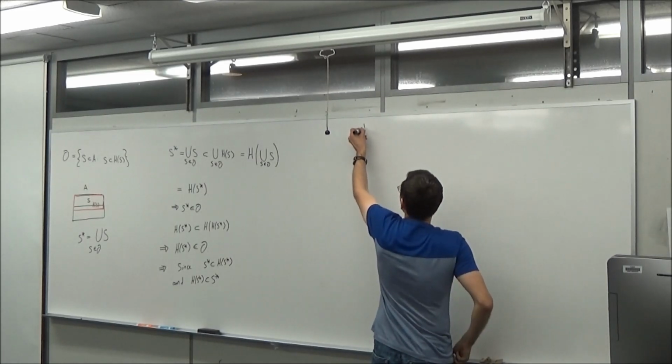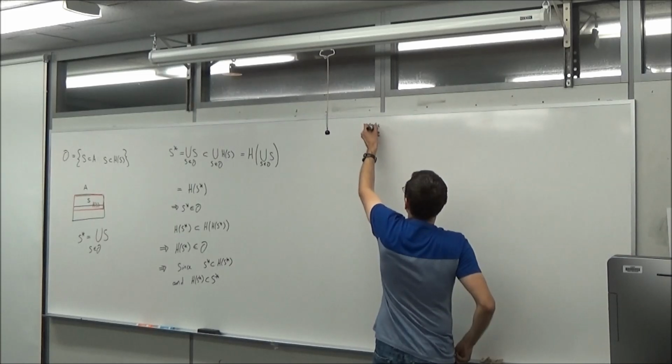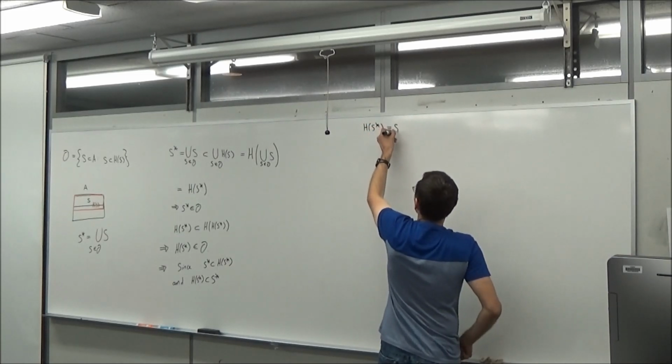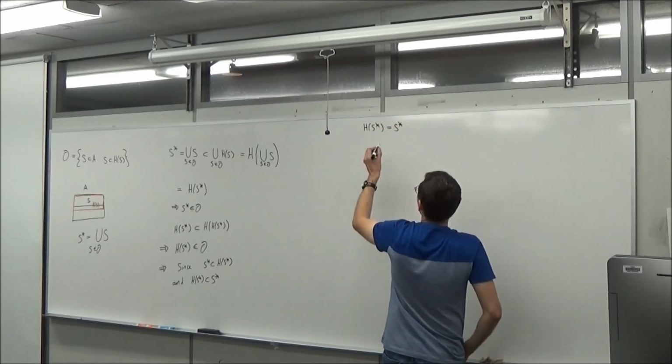So we must have that H of S star equals S star, and the proof is done.